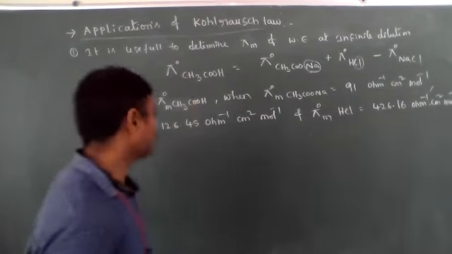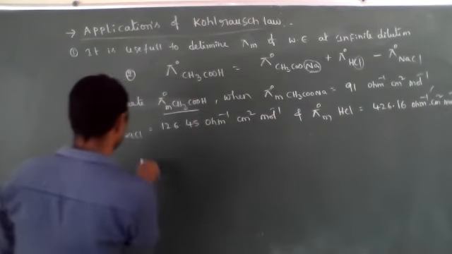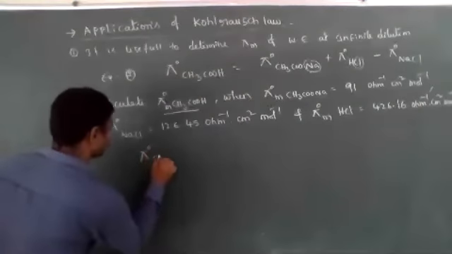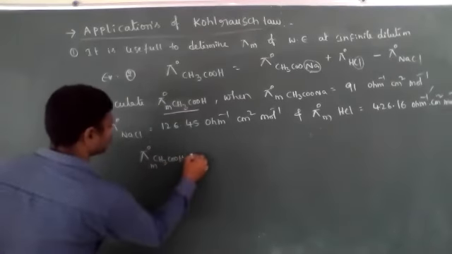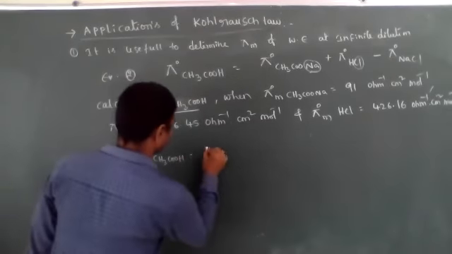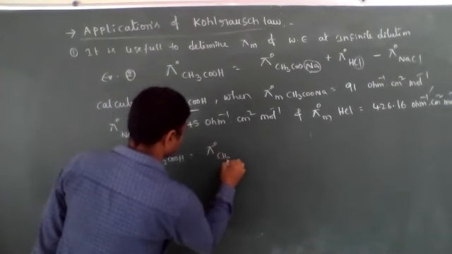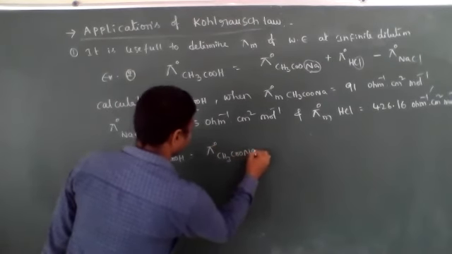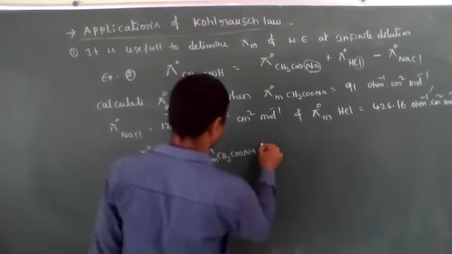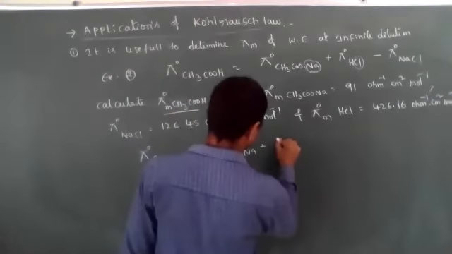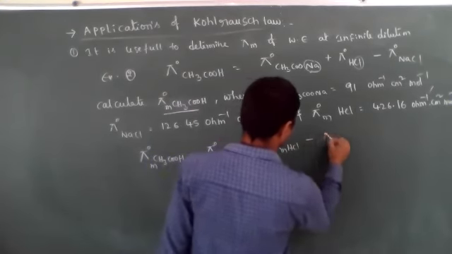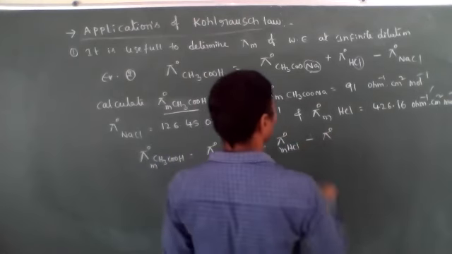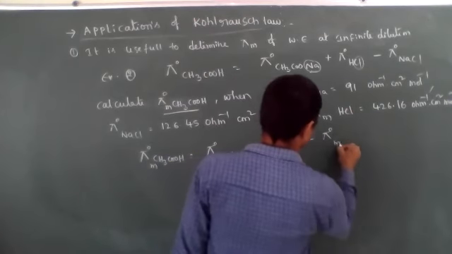So what we need to find out? Acetic acid we need to find out. So the molar conductance of acetic acid at infinite dilution is equal to the molar conductance of sodium acetate plus the molar conductance of HCl minus the molar conductance of NaCl.